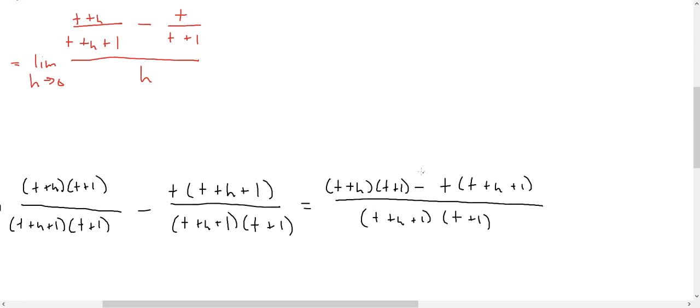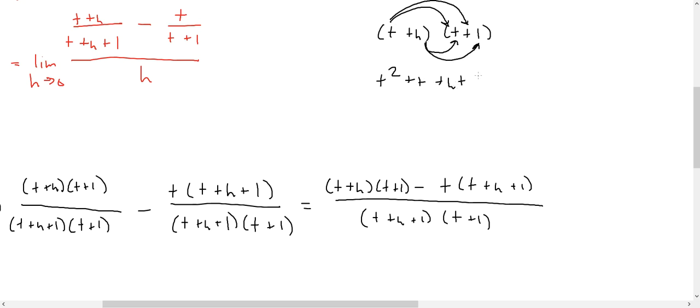Now we can go ahead and FOIL things out on the numerator and distribute things. So our t plus h times t plus 1, if we go ahead and FOIL that over here, our first terms are going to be t squared. Our outer is going to be t times 1, so plus t. Our inner is going to be h times t, so plus ht. And our last is going to be h times 1, so plus h, there we go.